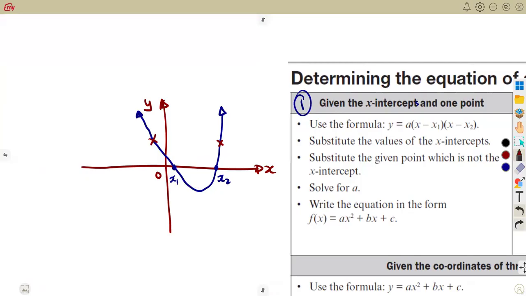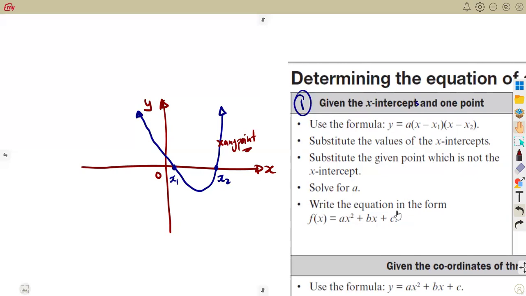Not specifically a turning point, it's just any point which is found on the graph. We're just going to put the turning point aside for now.